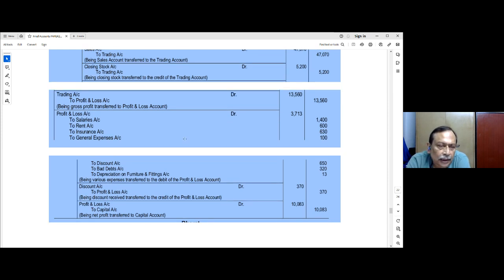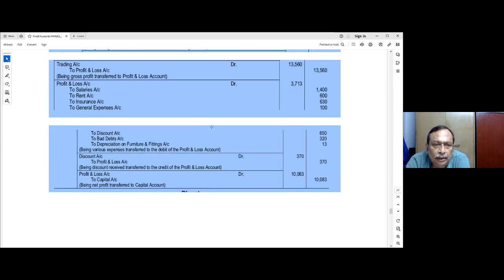Then profit and loss account debit to salaries account, to rent account, to insurance account, to general expenses account, to discount account, to bad debts account, to depreciation on furniture and fittings account. That is various expenses transferred to the debit of the profit and loss account.